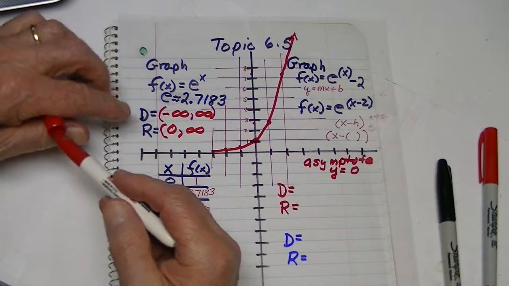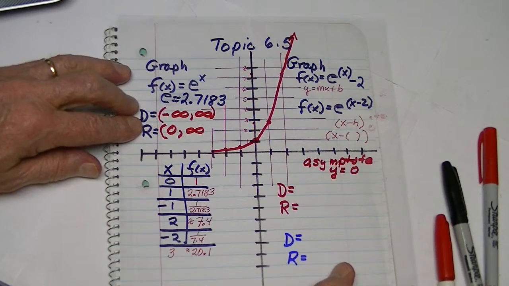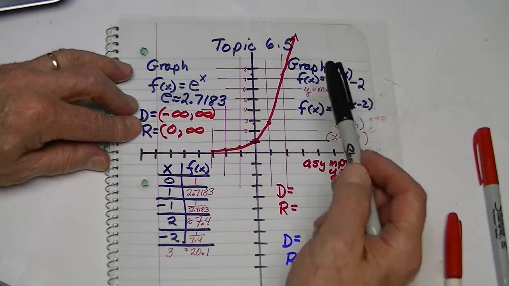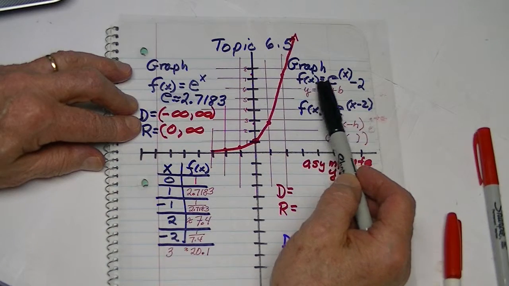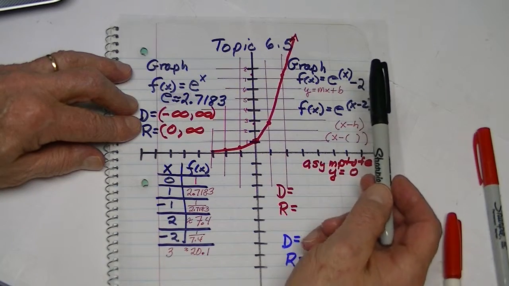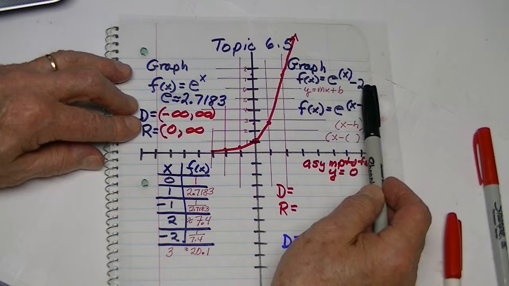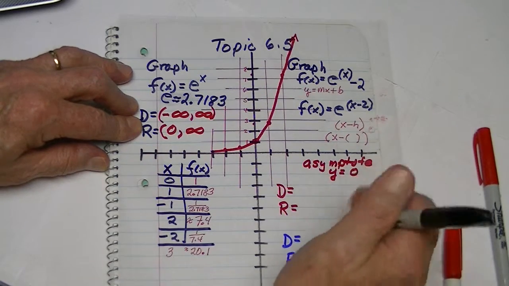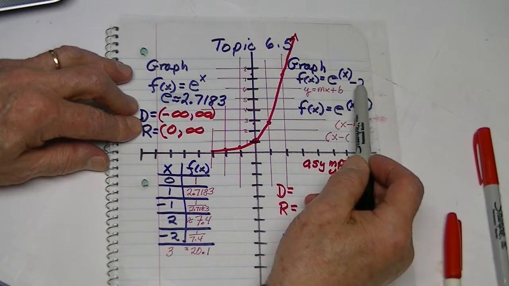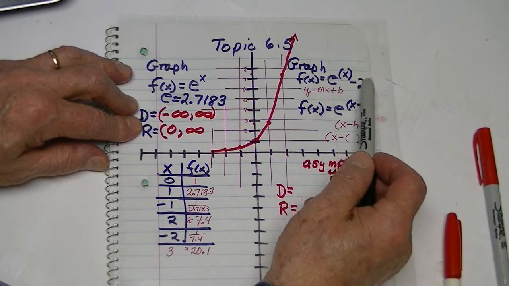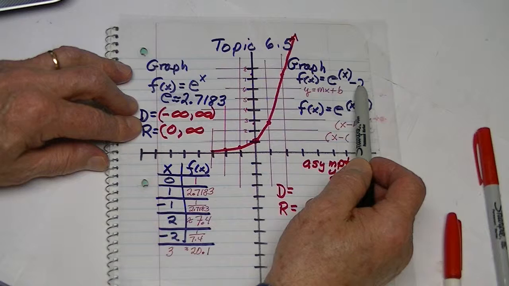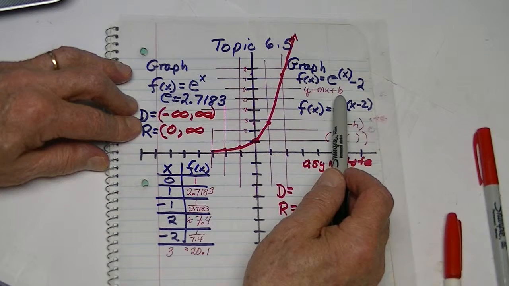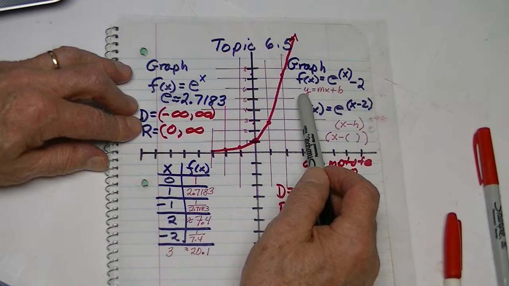Now, another thing I'd like to show you as we do this is what will happen if we're asked to graph the function of e to the x power, but it also includes a negative 2. Well, we had mentioned in class that when we have a number all by itself out here, a negative 2, then it's sort of like in the form of y equals mx plus b, which is slope-intercept.